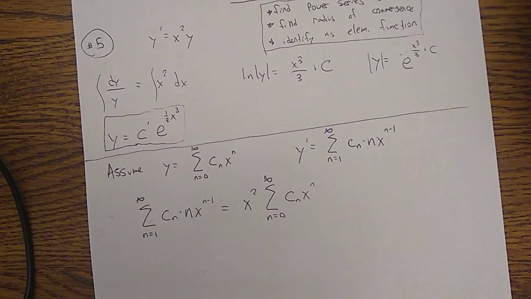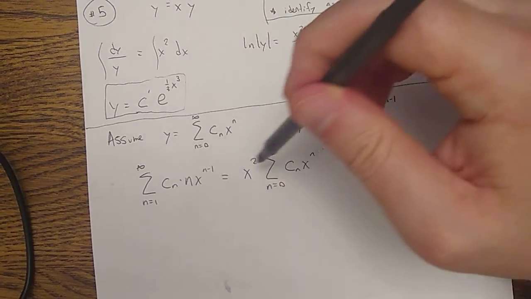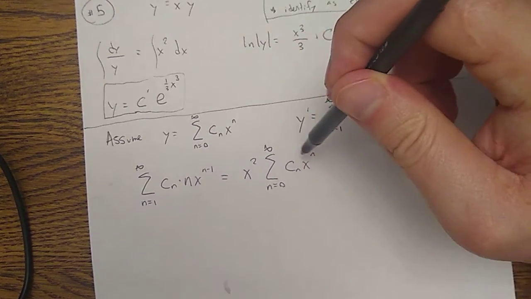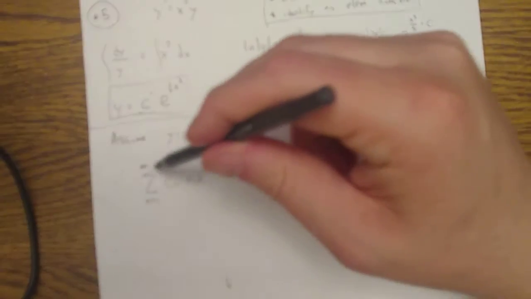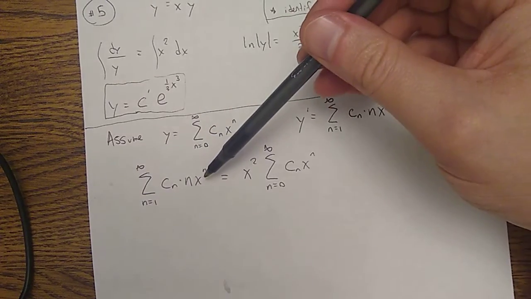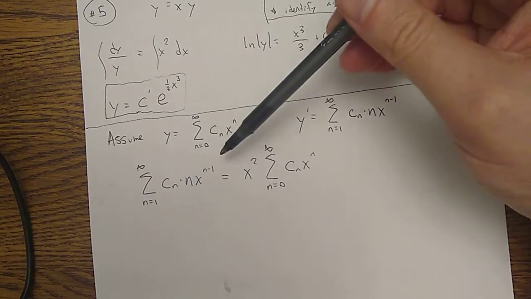And now what I would like to do is equate coefficients on each side. On this side, we have this series that has, for example, an x to the 0 term, an x to the 1 term, an x to the 2 term.